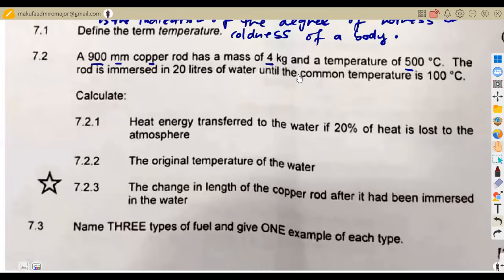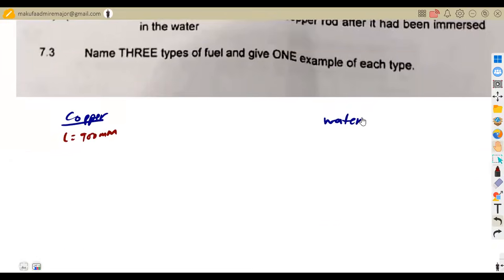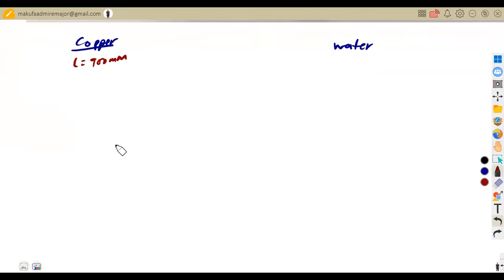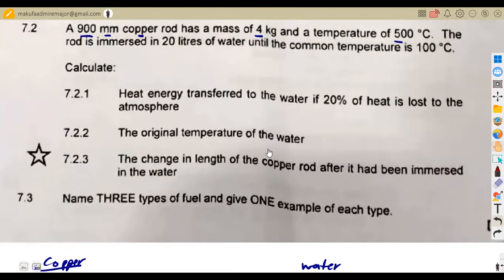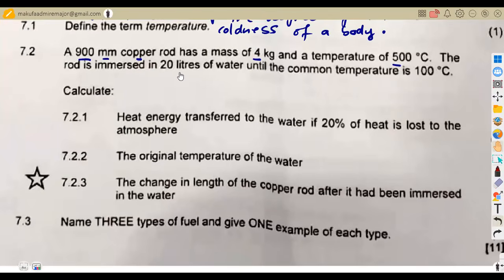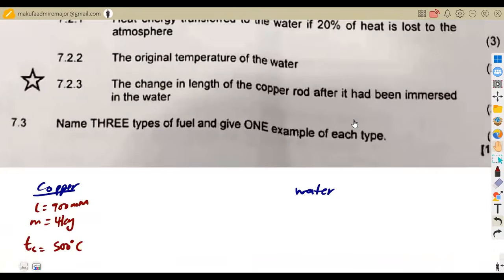Its mass is 4 kgs and the temperature of the copper is 500 degrees Celsius. On the other hand, the rod is immersed in 20 liters of water, and the common temperature became 100.